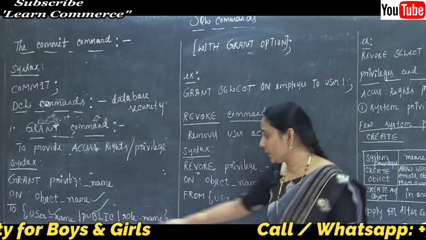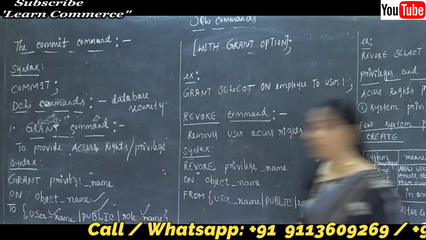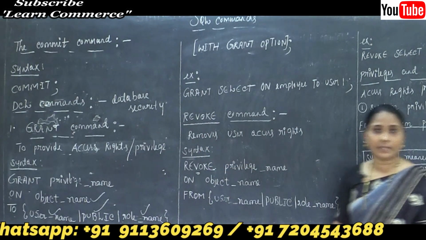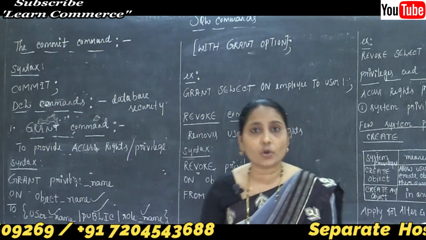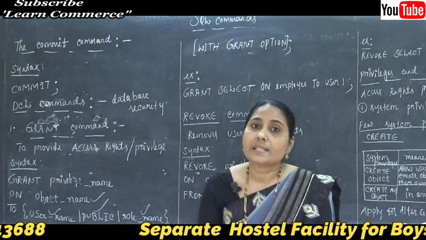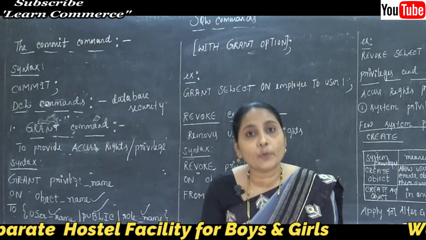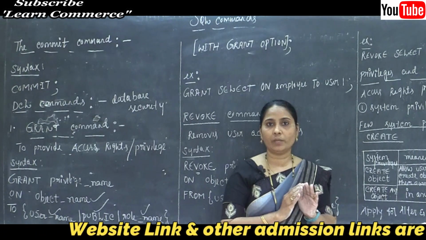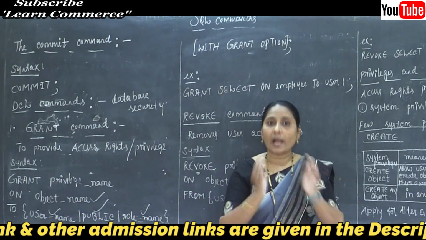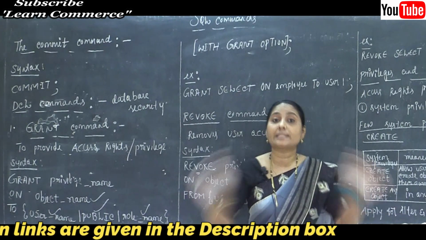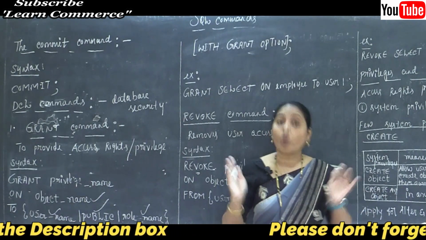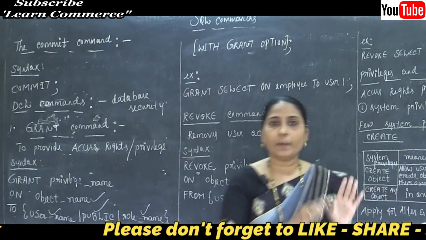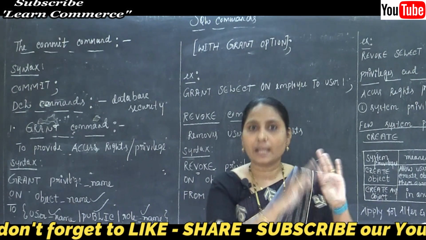And after public, role_name, ROLE. Clear this point here? The role_name here is a set of privileges grouped together. That means not any one single permission; they are going to access all those permissions on a set basis, in a combination basis. The permissions are all, select, execute.